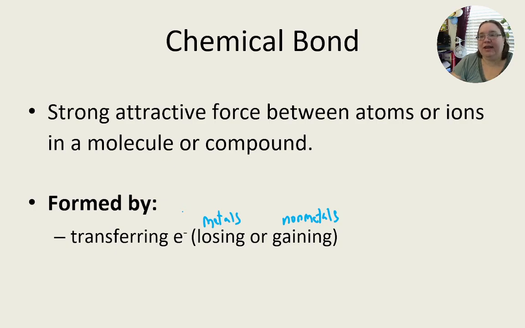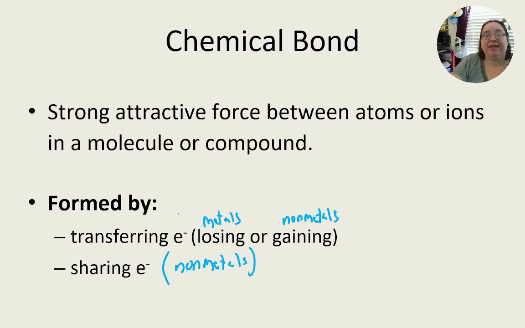That is called an ionic bond when it is formed by the transfer of electrons. Bonds can also be formed by sharing electrons. We tend to share electrons between nonmetals. So between two nonmetals, those are our covalent bonds.